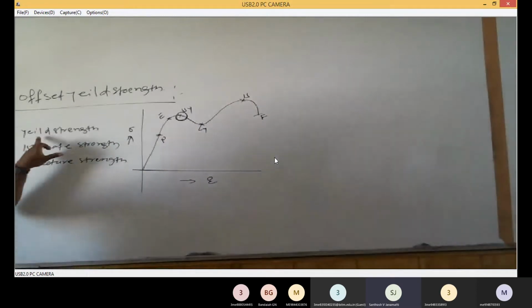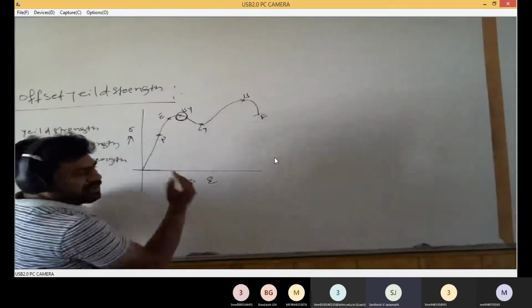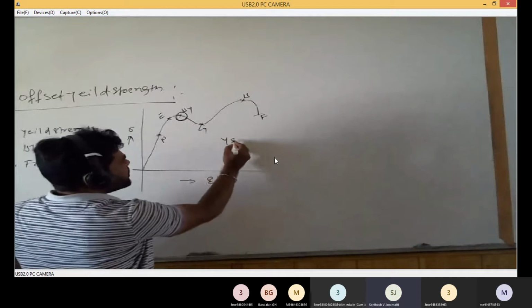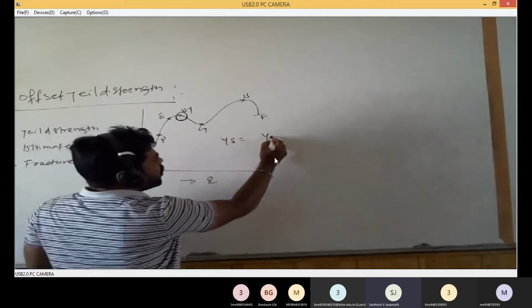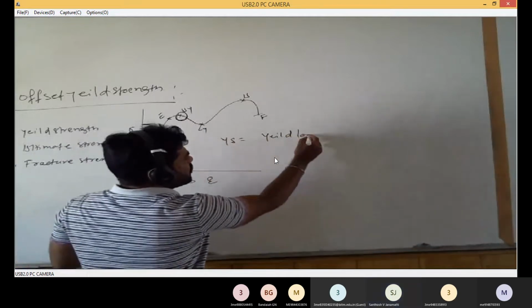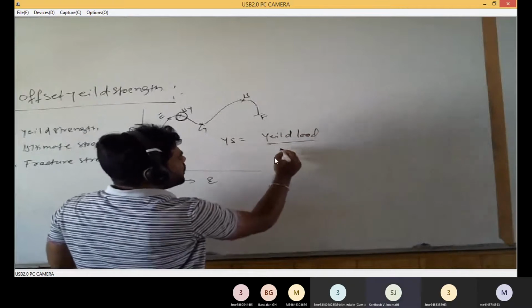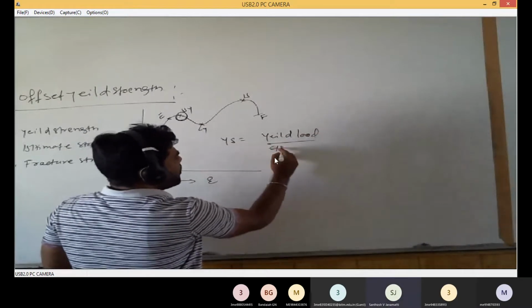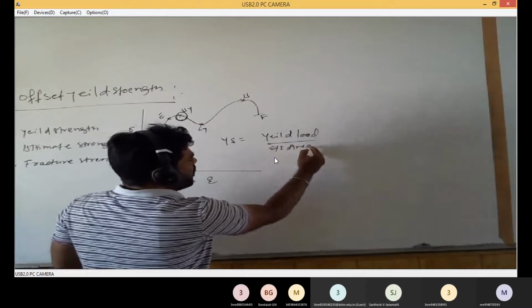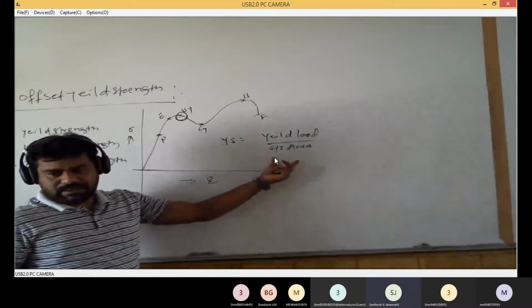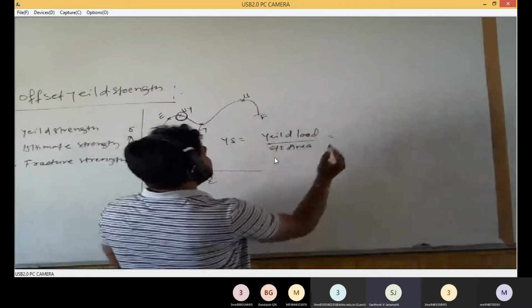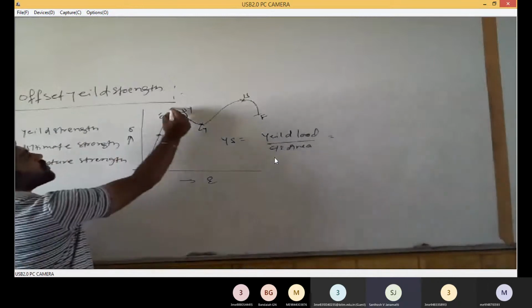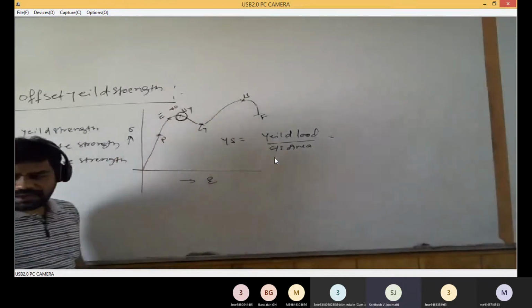Suppose we want to calculate the yield strength in this case. Yield strength is equal to yield load divided by the cross-sectional area of the sample. So how much is the yield load? Assume it is around 40.